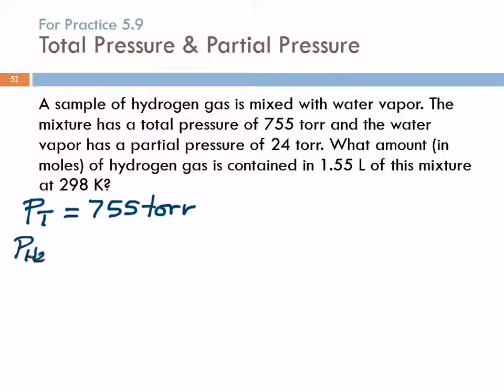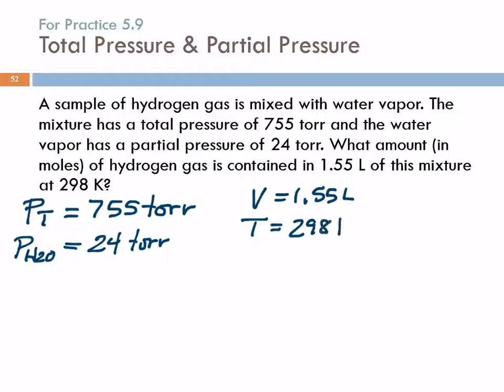P H2O is 24 torr. We need to know the number of moles of hydrogen gas. We're given a volume and a temperature. Volume is 1.55 liters. Temperature is 298 K. We're trying to find the number of moles of hydrogen gas.